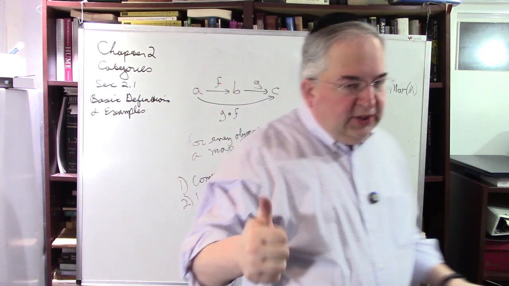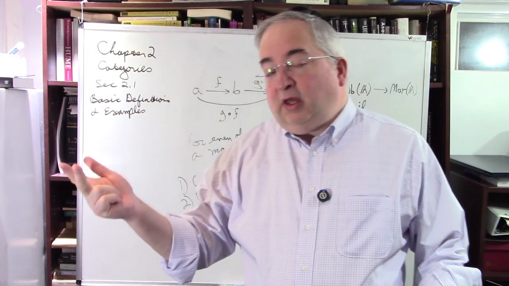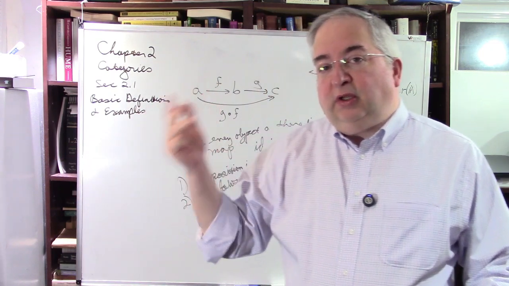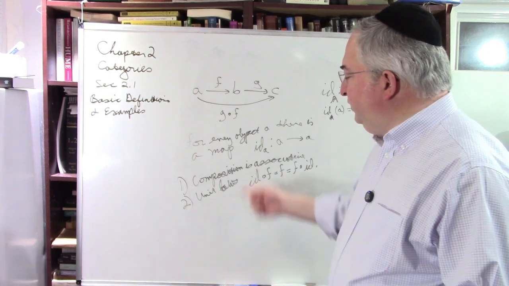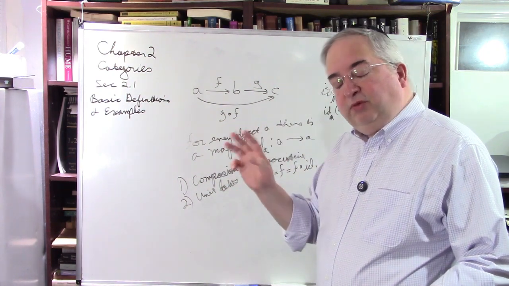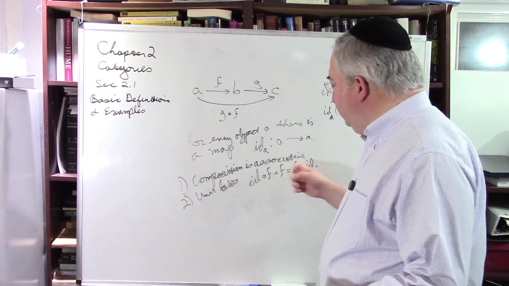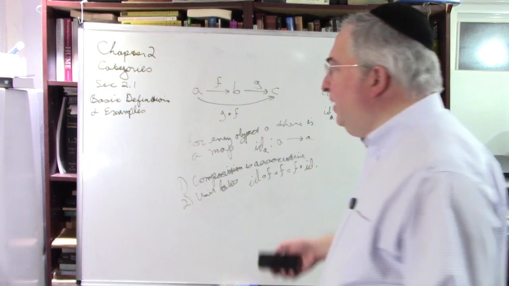You have objects, you have morphisms, you have domains, codomains, composition operation, identity operation, and it has to satisfy these two requirements. Composition is associative, that means dealing with 3 different morphisms, and it satisfies the unit laws. That's it. Okay, great.